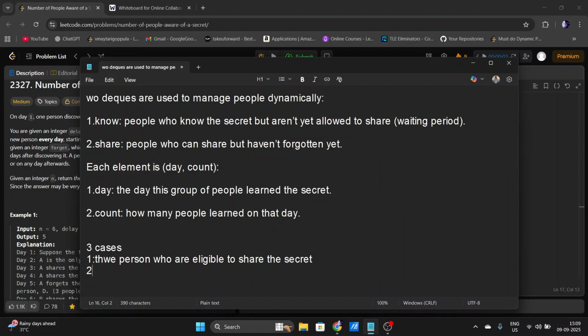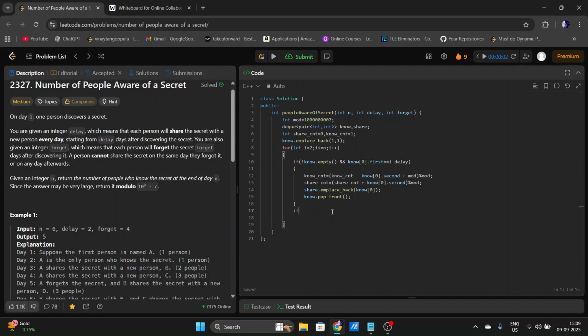And the second scenario is, now the person will forget the secret. Now we have to check if that person forgets that secret, then we have to remove from the share count and the share dict. So not of share dot empty and then share of 0 dot first equal to I minus forget.